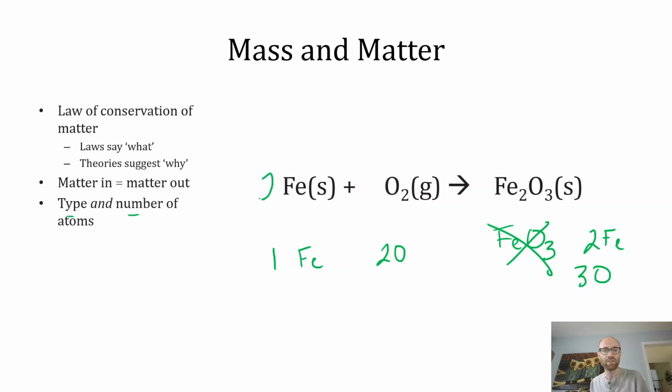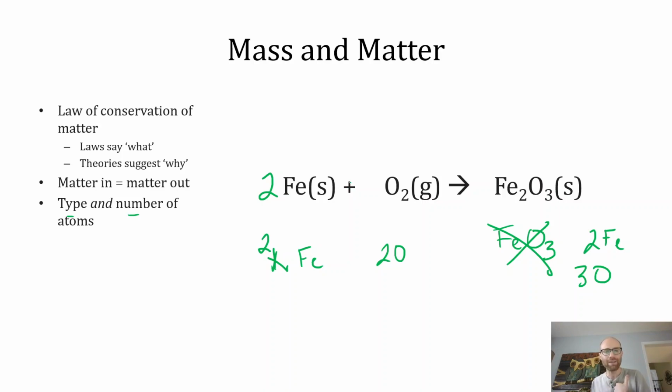I think if I put a 2 in front of here, this becomes a 2. So now we're good on the irons, but we're still not good on these oxygens. 2, 3. Well, we can't just put a 2 here because that would mean 4. So let me clean that up. I think we might have to play a little bit of a least common multiple game.